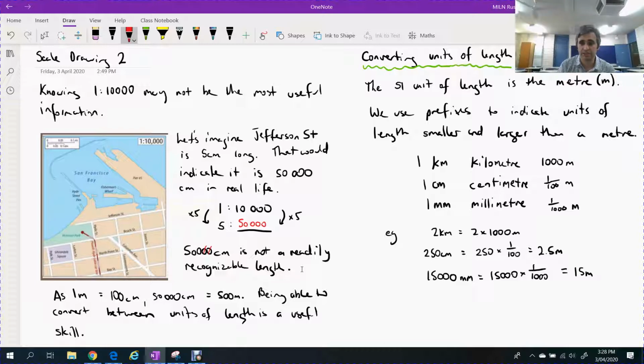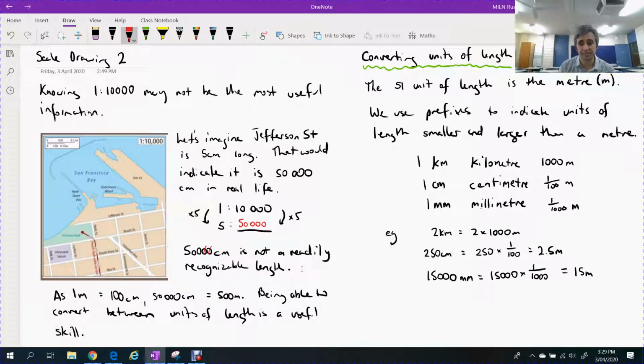The SI unit of length, the standard unit of length, is the meter. And we use prefixes, things in front of meter, to indicate how big or small the measurement is. So we know a kilometer is 1,000 meters, kilo indicating 1,000. A centimeter is 1/100th of a meter. There's 100 centimeters in a meter. And a millimeter is 1/1,000th of a meter.